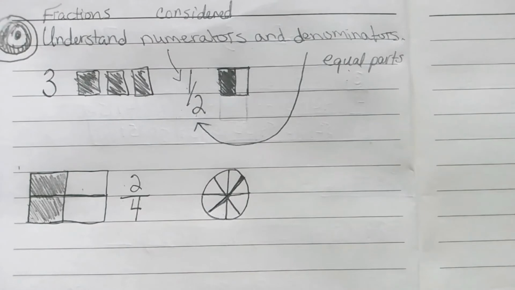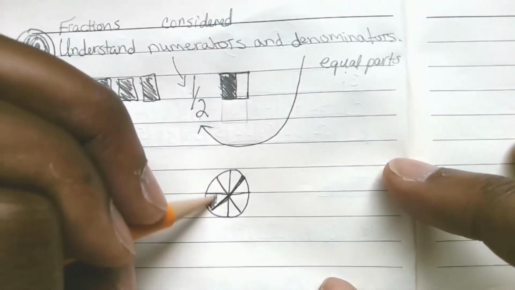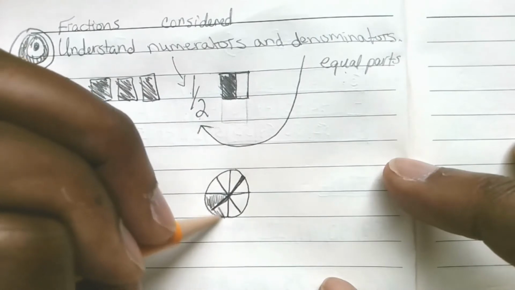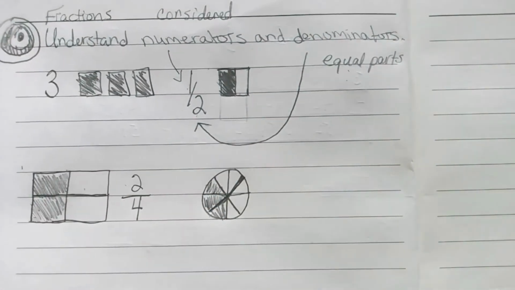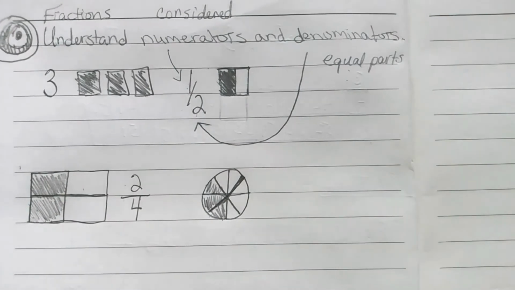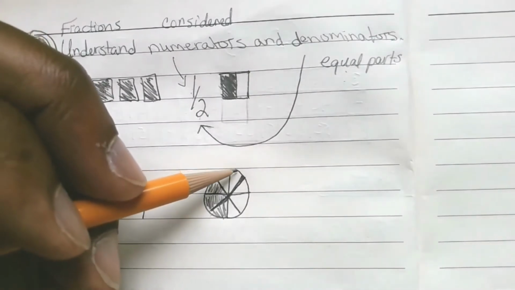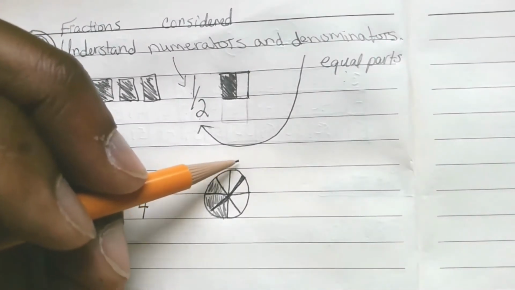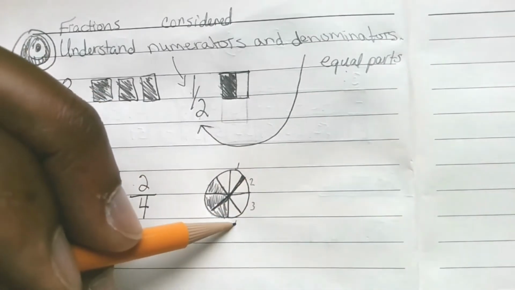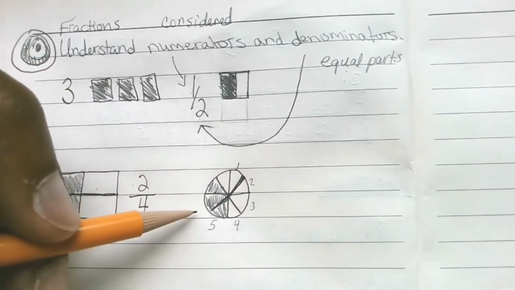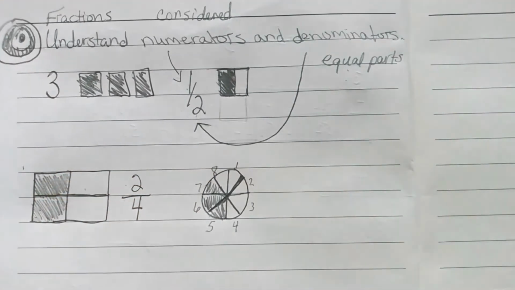I'm going to shade it in to get started as well. What is the total number of parts? For this one, we're going to count, and I'm going to take a little mark here. So I'm going to say 1, 2, 3, 4, 5, 6, 7, 8.